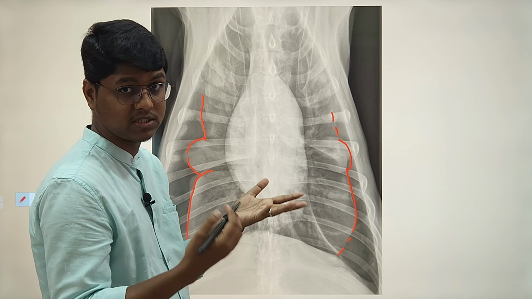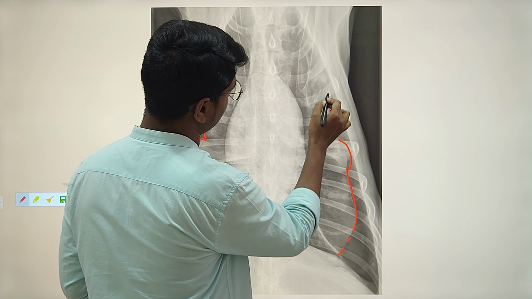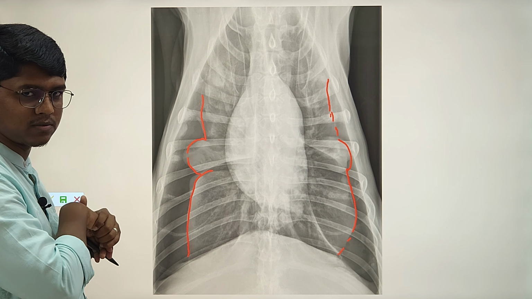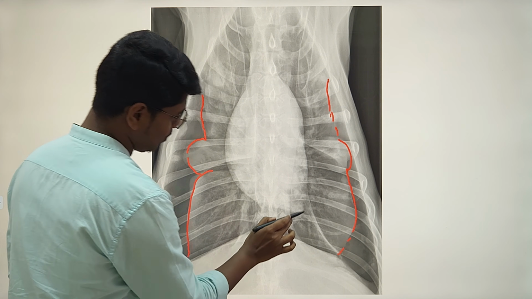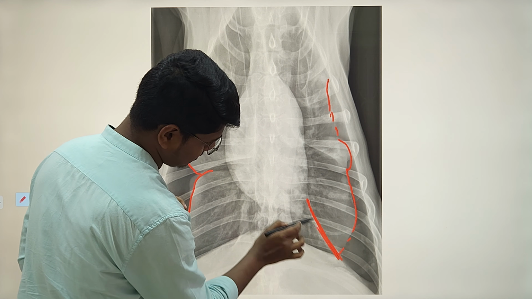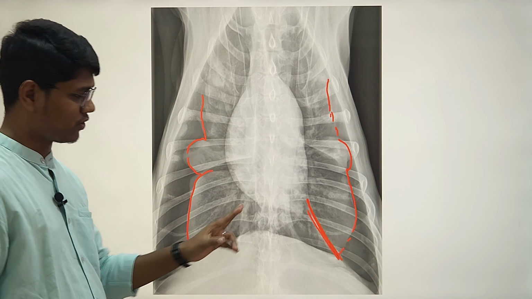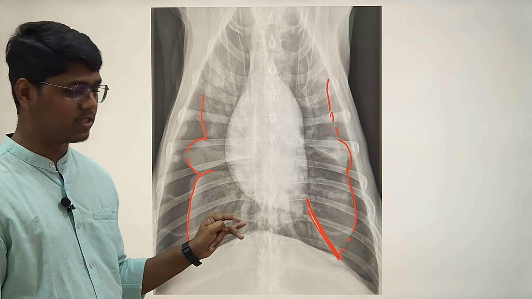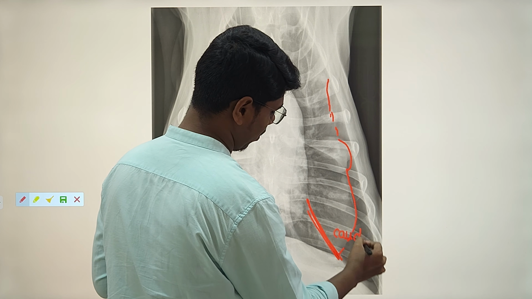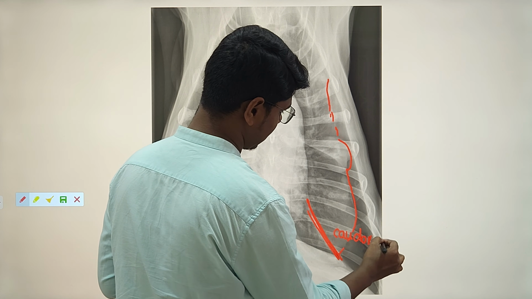Might be some other disease there. This is lung. Can you tell me? I have told you several times what this is. This particular structure, what is this? This is the caudoventral deflection of mediastinum.